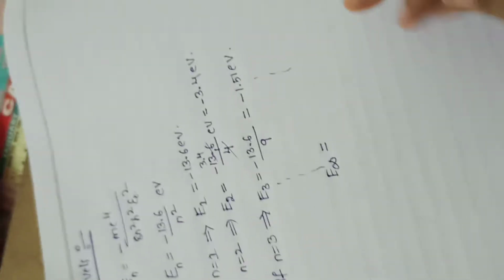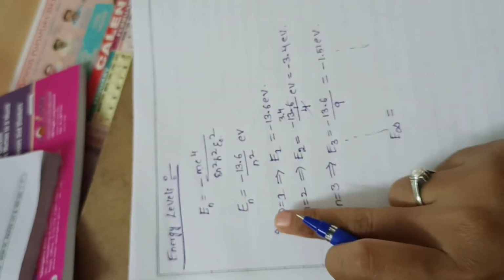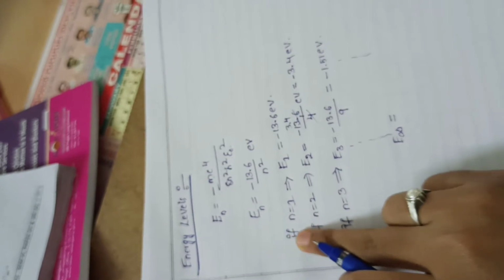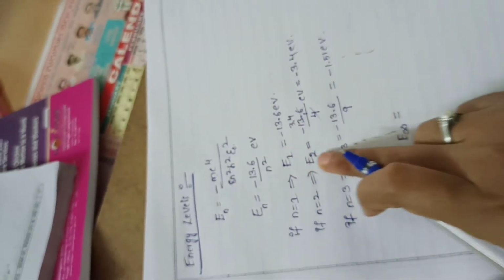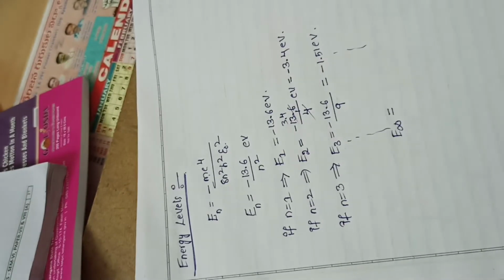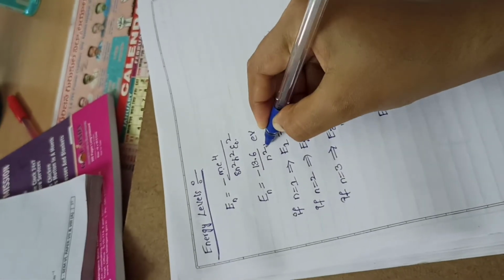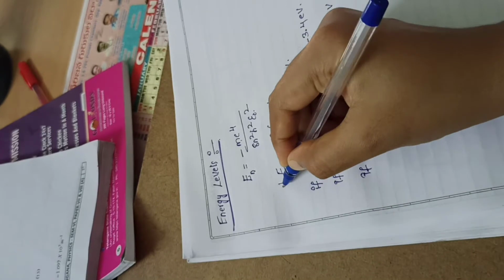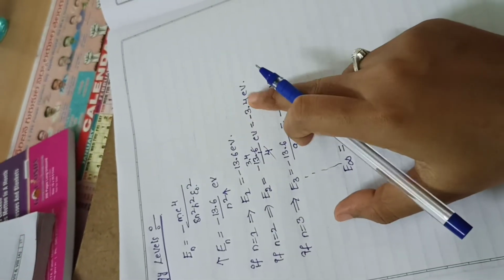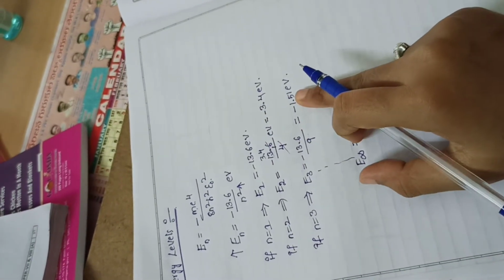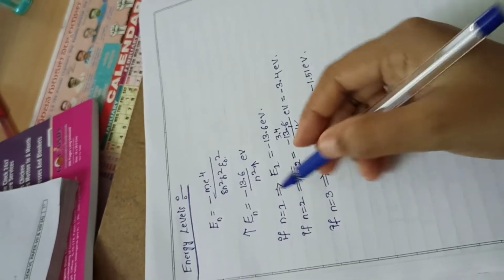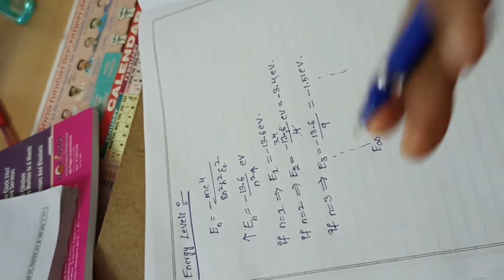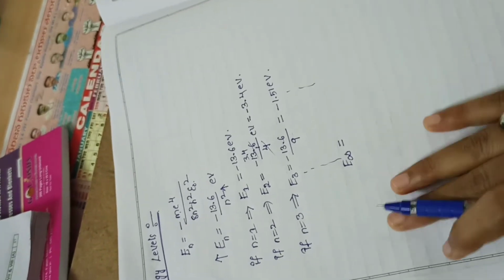See here, as the principal quantum number is increasing, that is, as the value of n is increasing, the value of energy is also increasing, because in the negative sign the smaller value is actually the bigger value, right? As the number of orbits increases, the energy levels also increase, isn't it?